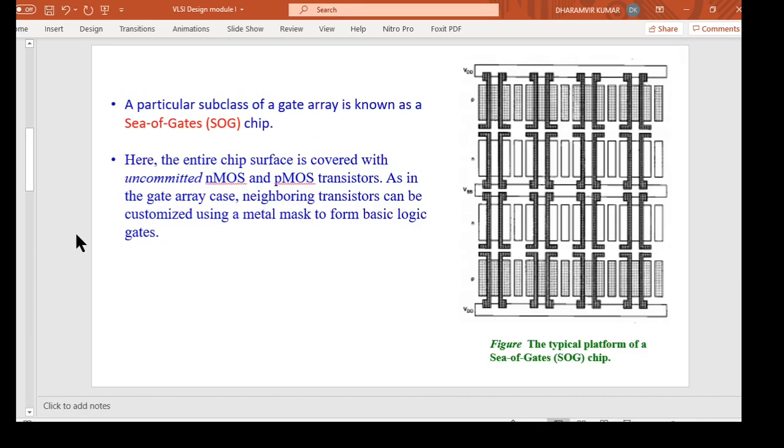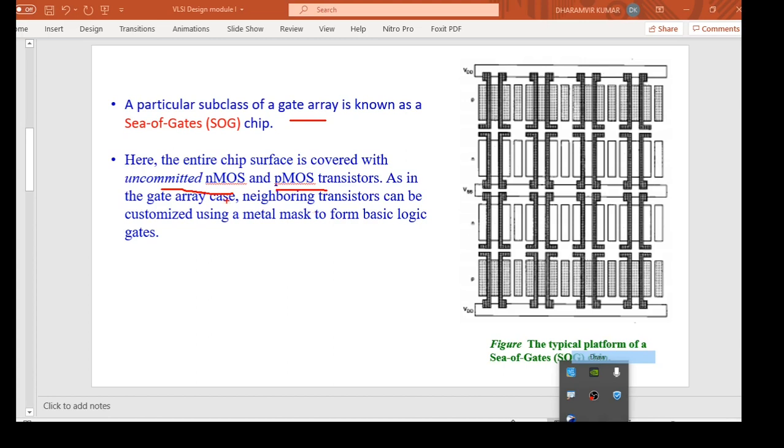Okay, so one particular subclass of a gate array is known as a sea of gates chip. So there is a concept of this sea of gates. This is considered as a subclass of the gate array VLSI design methodology. So what happens here is the entire chip surface is covered with uncommitted transistors, uncommitted NMOS and PMOS transistors.